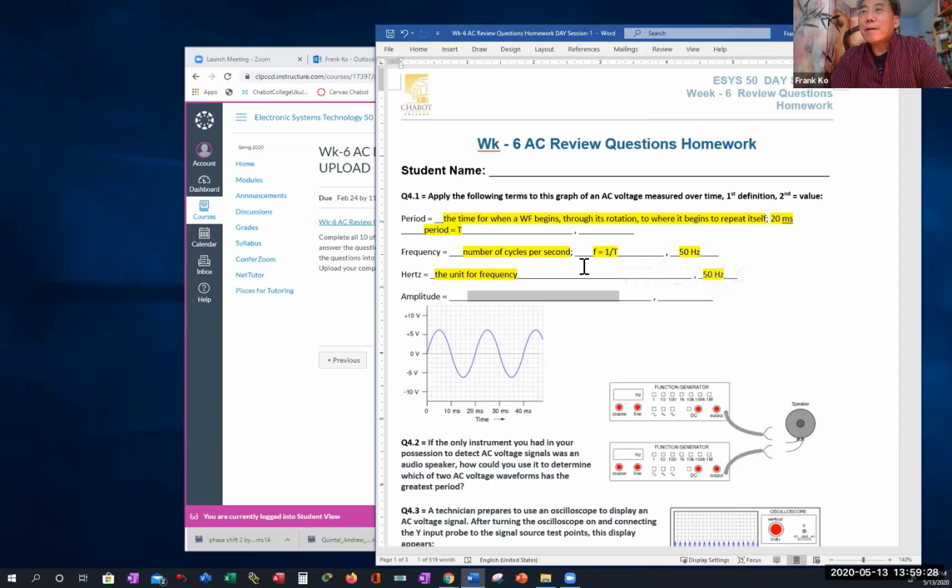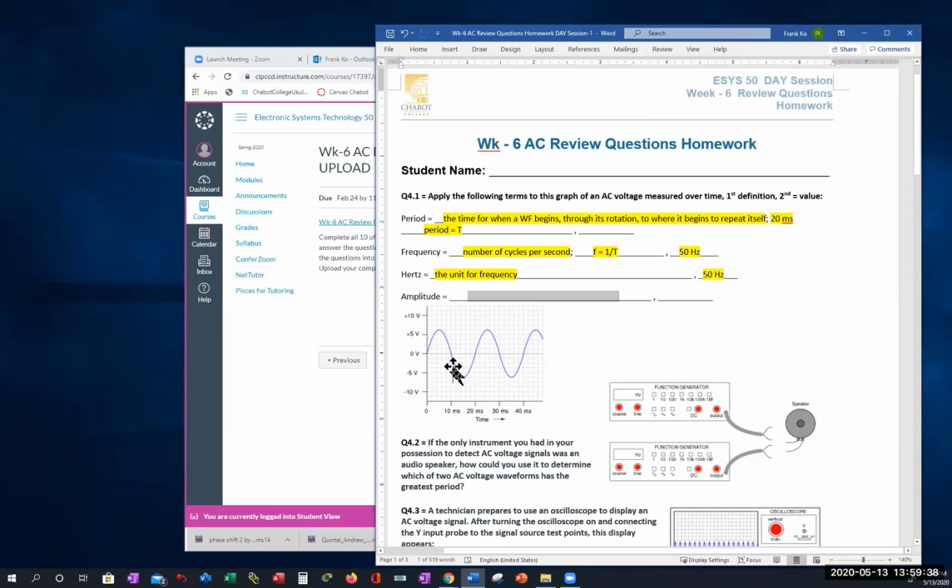Okay. It would be from the 0 line up to the peak, yes? Yes. That would give you the positive V peak. Correct. Could amplitude also be not only positive V peak, but could it also be a negative V peak? Yes. Could it also be a peak to peak? Yes, it could. Could it also be an RMS value? Yes, it could. So amplitude is measured a number of different ways.